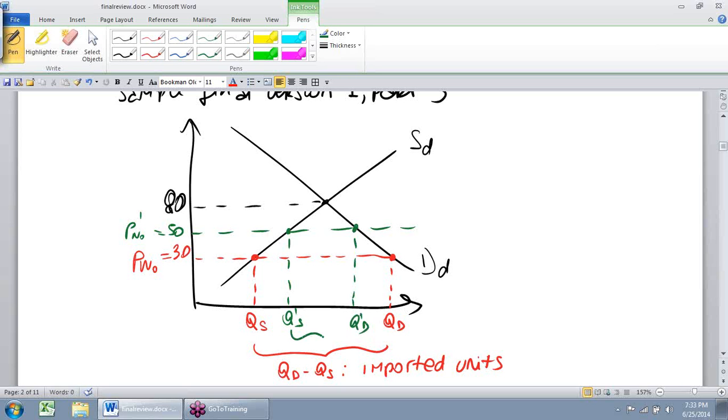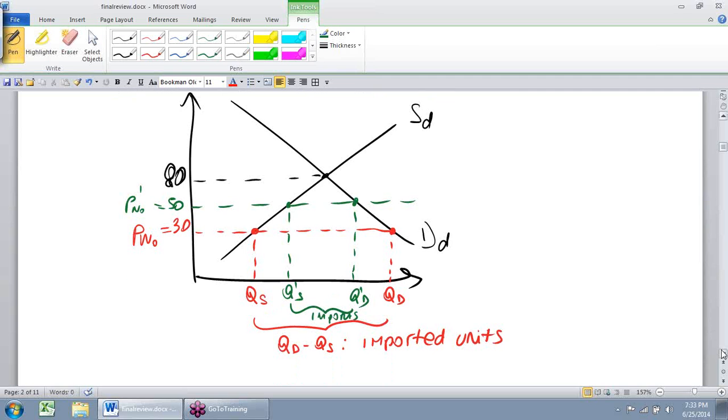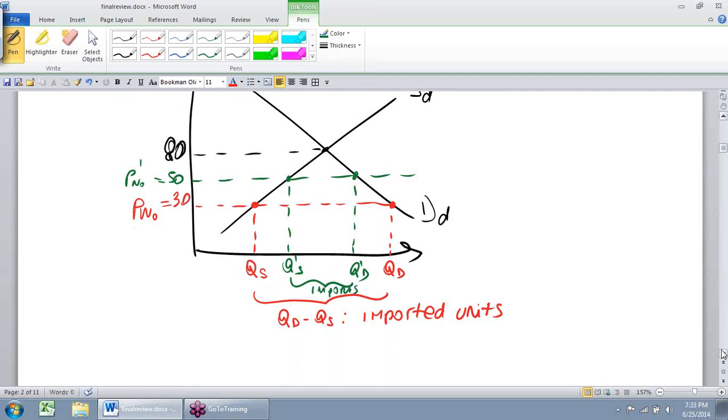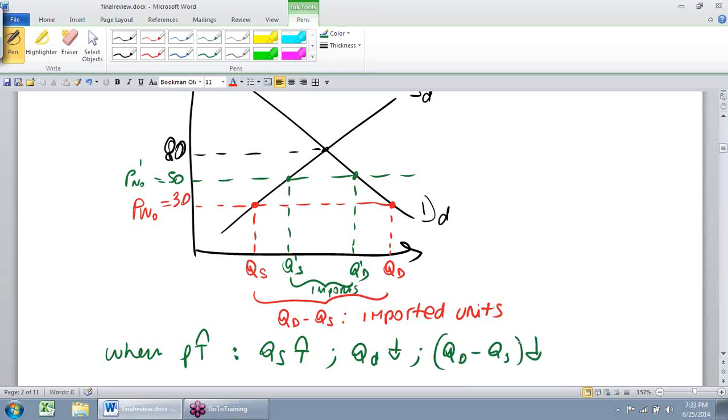And also the difference between Q prime S and Q prime D has decreased. So as you can imagine, when P goes up, QS increases, QD decreases, and the imports, QD minus QS, decrease. Okay?